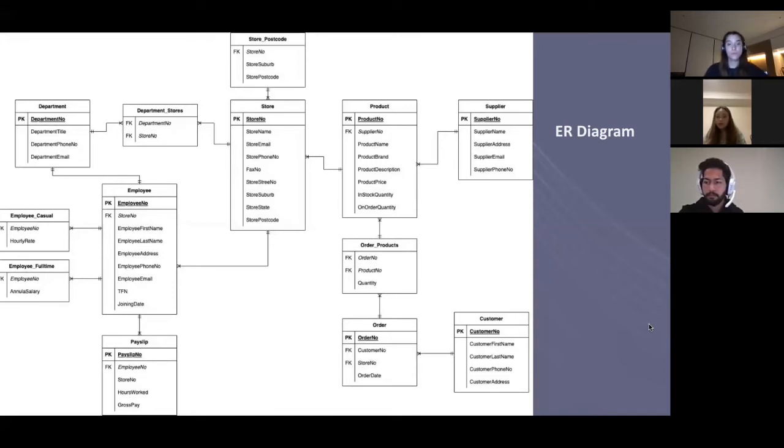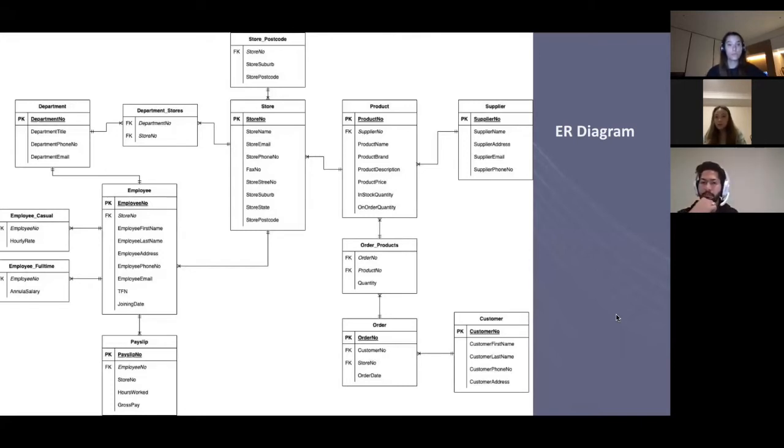To be normalized in third normal form, the table must be in second normal form, and no attributes may depend upon other non-key attributes in the table. That means the attributes can only depend on the primary key. They cannot depend on each other.